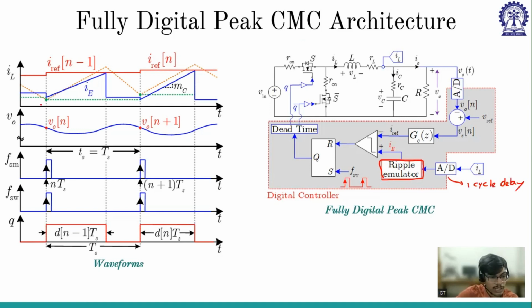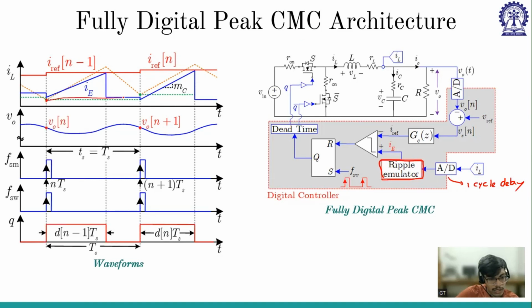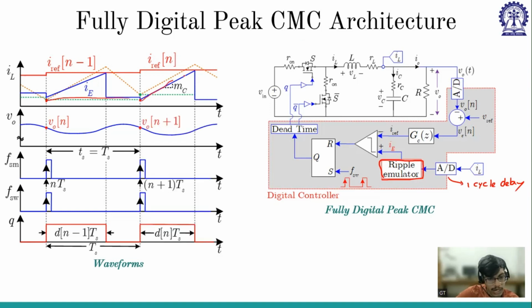The sample of the IL from the previous cycle is used in the present cycle, and from that point the inductor current emulator starts. Whatever value we got in the previous cycle, from that point we emulate the ramp.